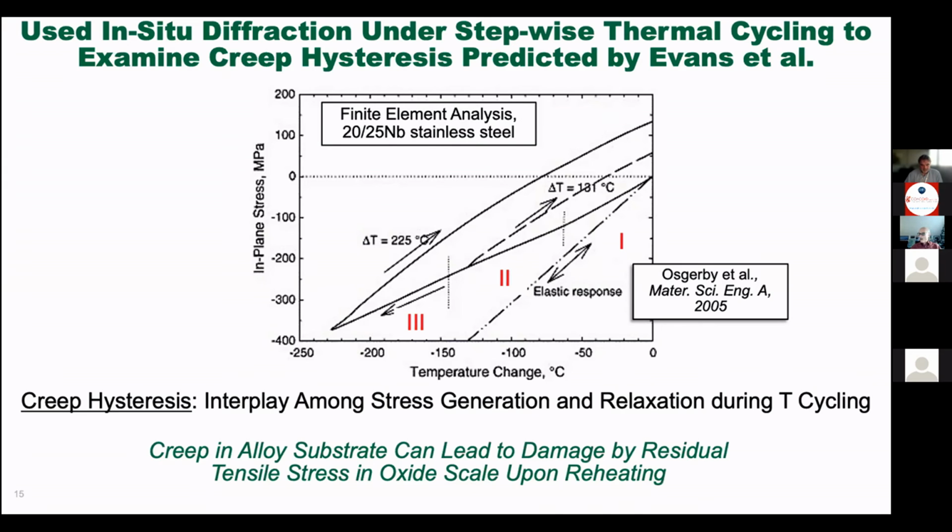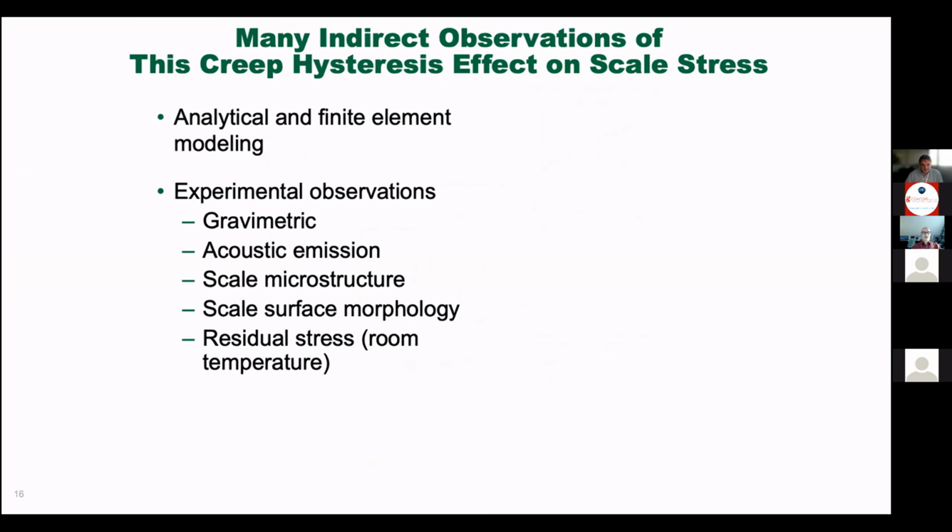I'm running out of time, so I can't go into it in much detail, but what they found is that depending on the rate of cooling and then the rate of reheating, a tensile stress can emerge upon reheating, even when you had a zero stress state at the beginning of the test. And of course, the prediction was that creep in the alloy substrate, therefore, can lead to damage by this residual tensile stress in the oxide upon reheating.